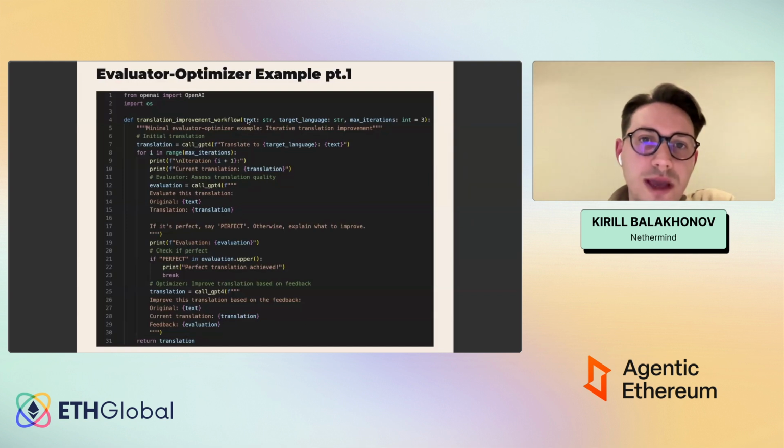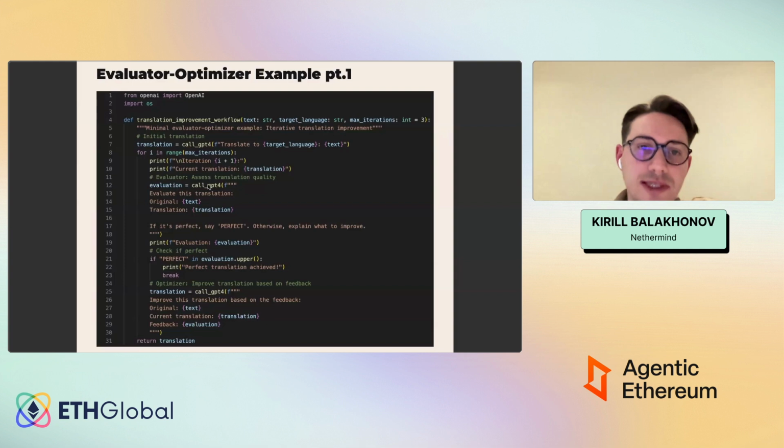First of all, we run the simple GPT prompt: translate this text to the target language. And then we go into the loop of iterations, where we create the next prompt in the following way: evaluate this translation, put here the original text, put here the translation, and ask: if it's perfect, say perfect, otherwise explain what to improve.